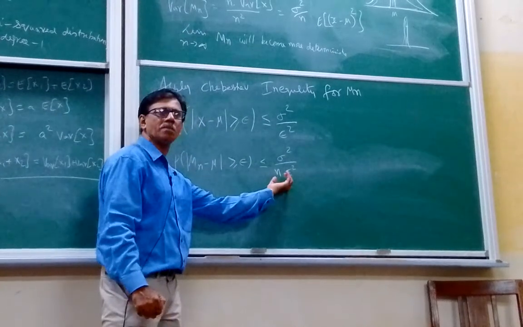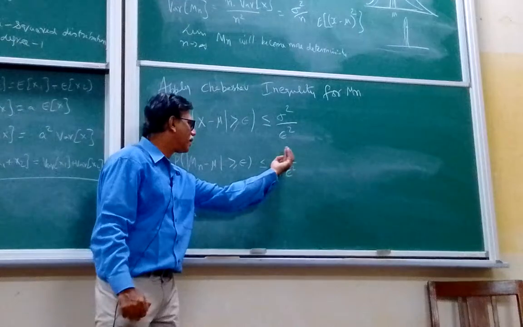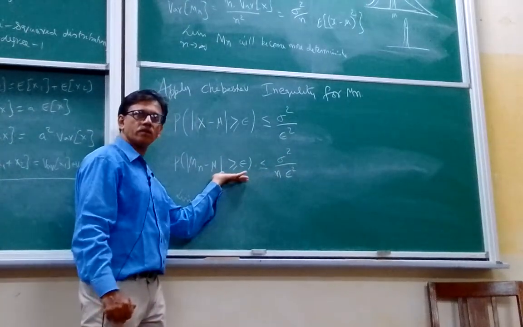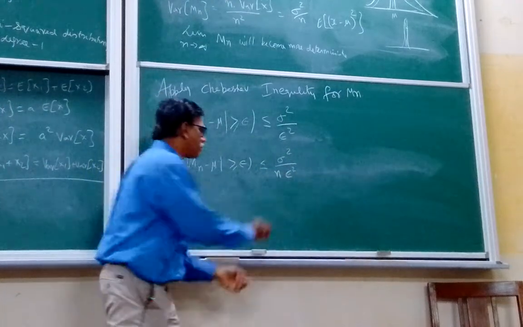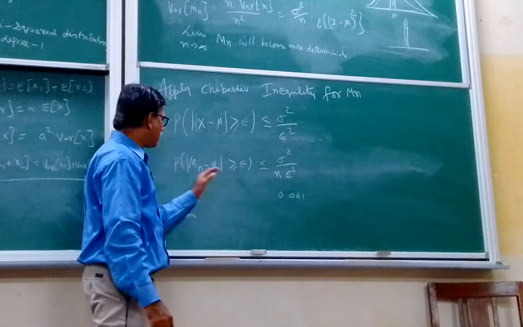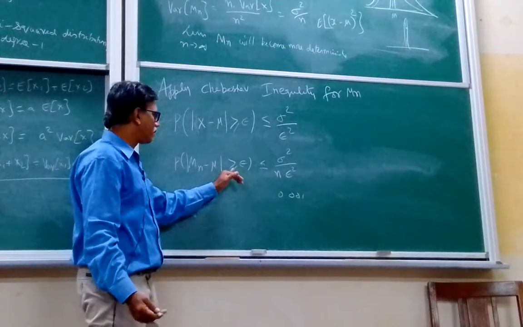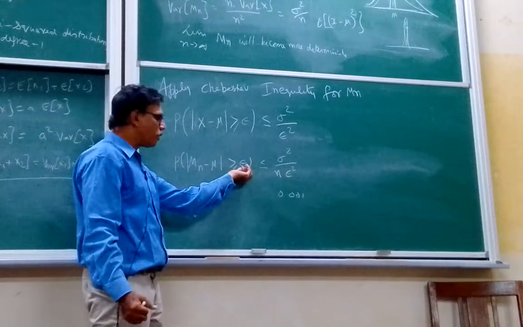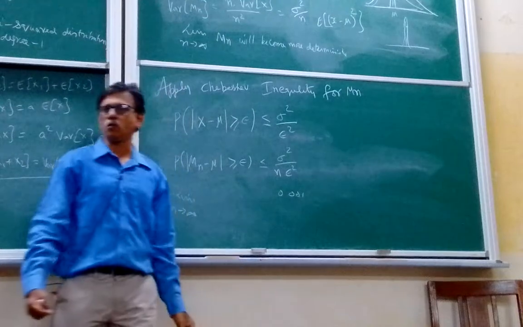As n becomes very large, this probability will be less than this. You can take a sufficient value of n so that this quantity becomes 0.001 or something like that, which means that M1 can deviate from mu, but those probabilities will be less than 0.001.